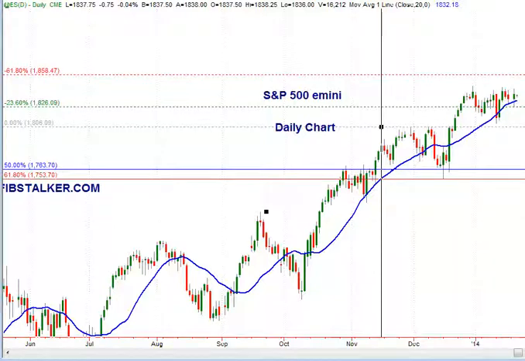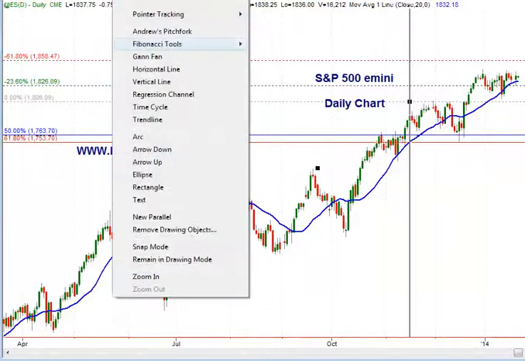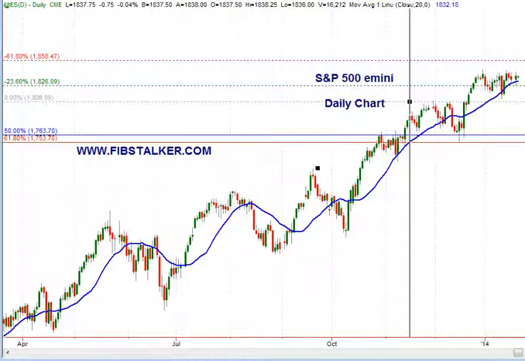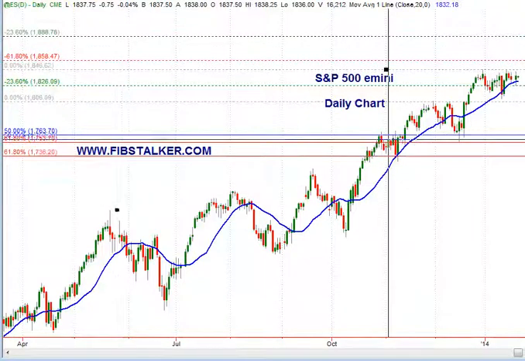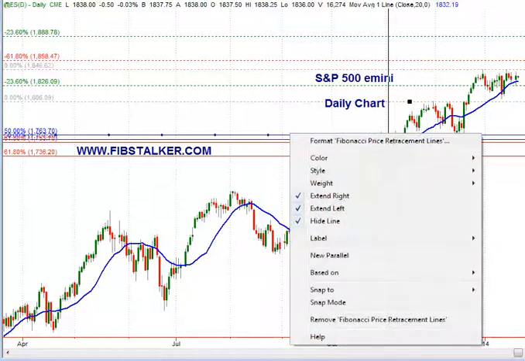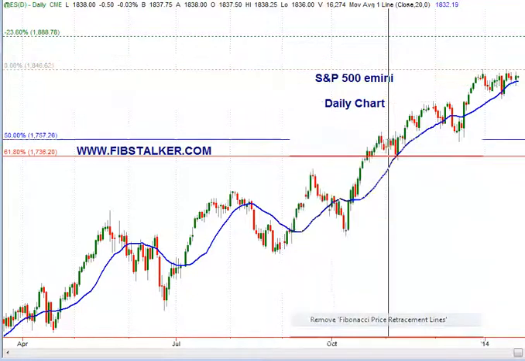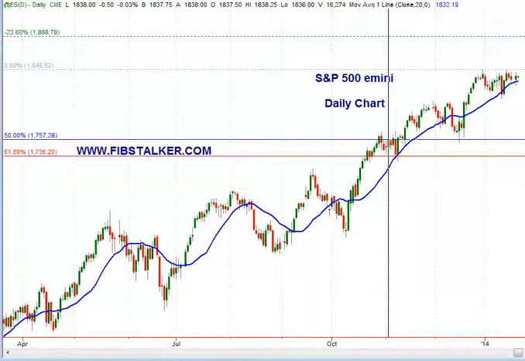We cannot exclude a continuation higher, but we know that this price eventually is going to need to test the larger participants on the larger time frame here, which is the weekly time frame.